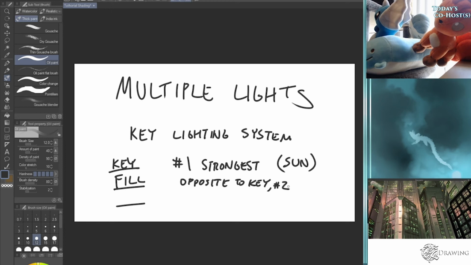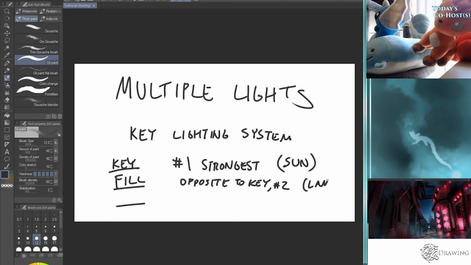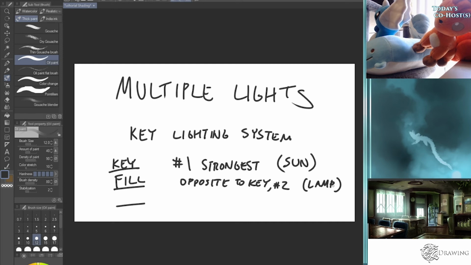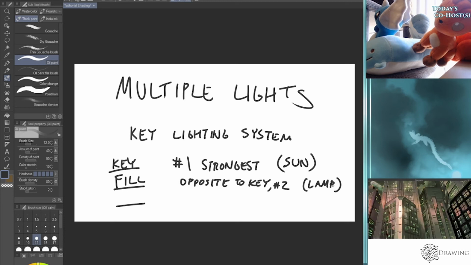This, for example, could be that lamp. It could even just be reflected light from your wall. This is, in essence, similar to the reflected light that we saw before when we were talking about core shadow, except that it can have a presence in the room.